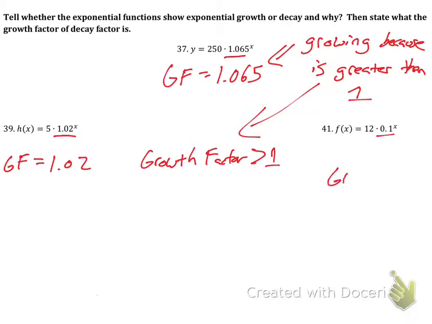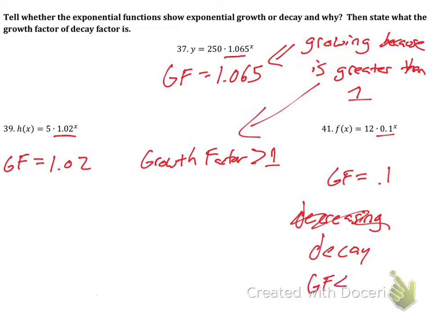So our growth factor is equal to 0.1. So it's decreasing, or in other words, what you should write is decay, because the growth factor is less than 1. So those are pretty easy to run through.